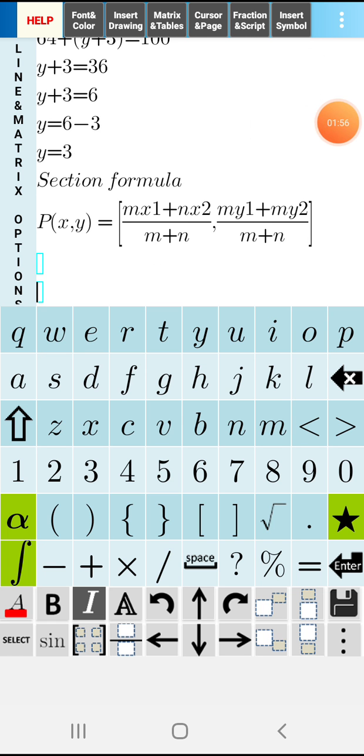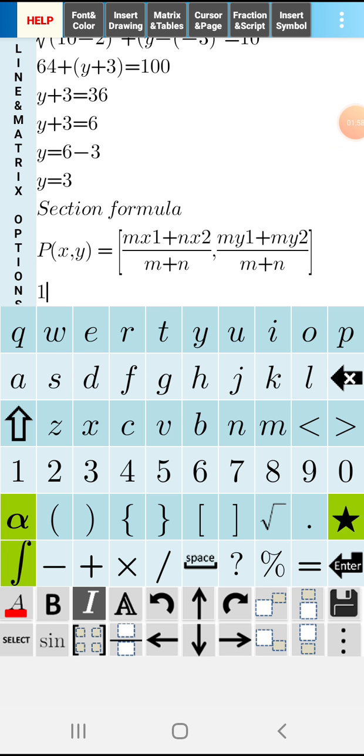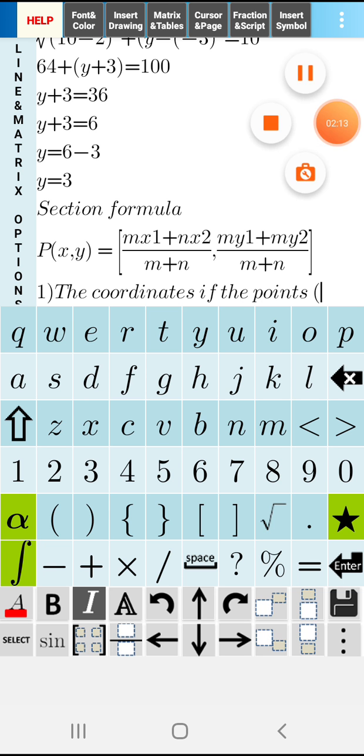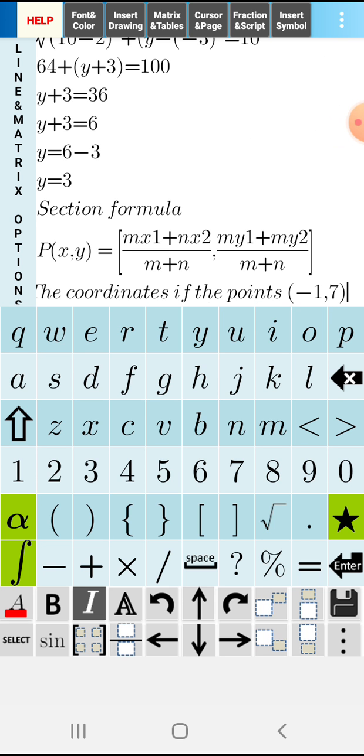The sum on this: first, the coordinates of the points are (-1, 7) and (4, 3), and its ratio is 2:3.